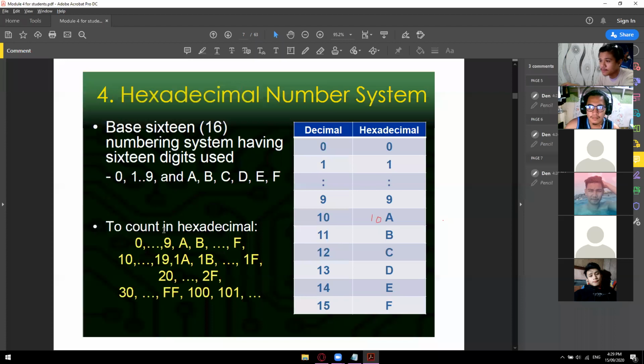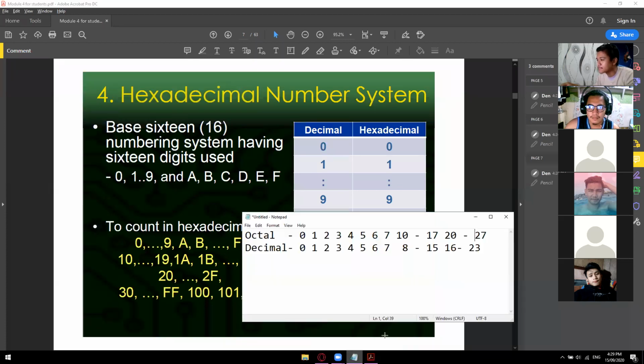Okay? So dito naman, mas maganda kapag meron tayong hexadecimal and then decimal. So 0 to 9 is the same. Same lang yan sa decimal natin.